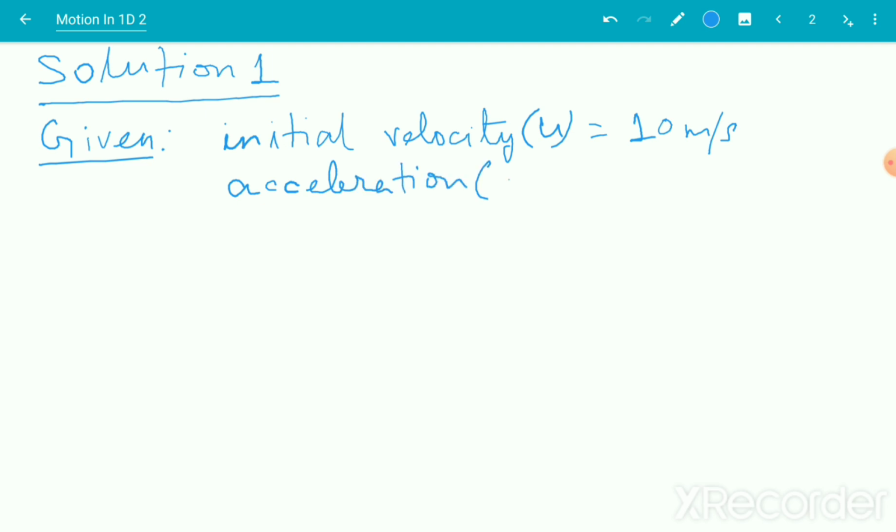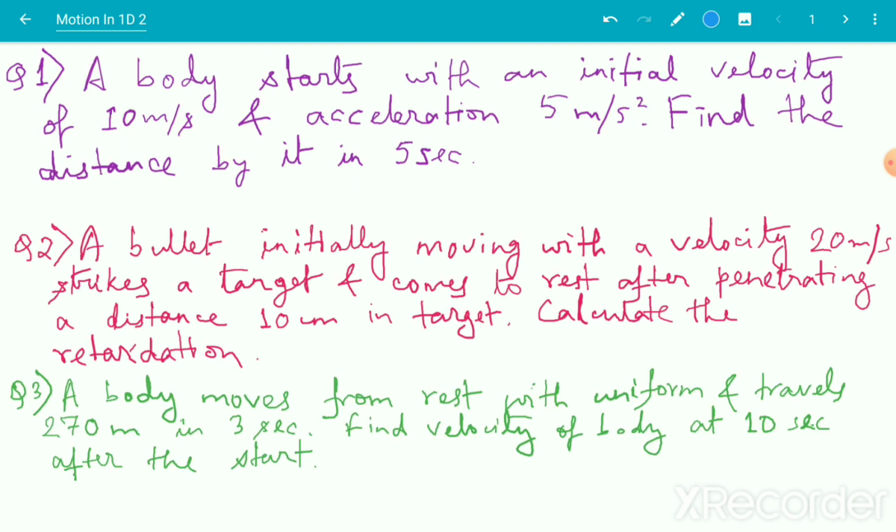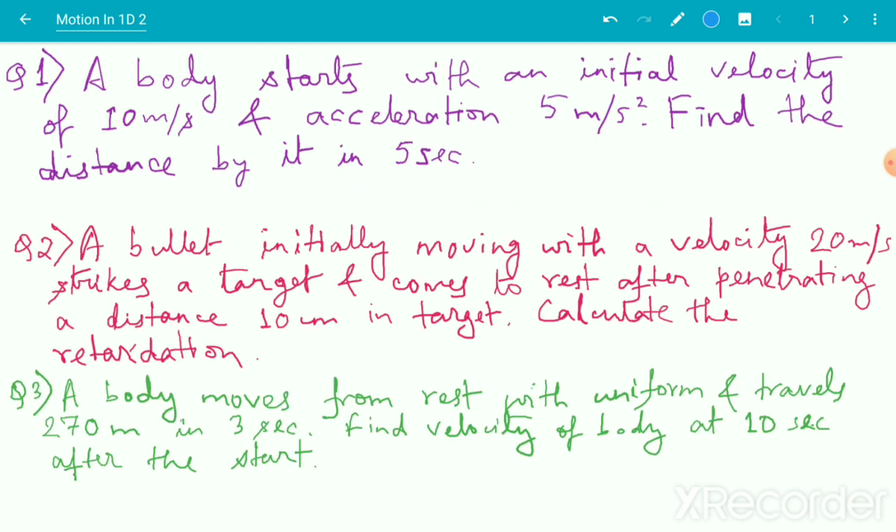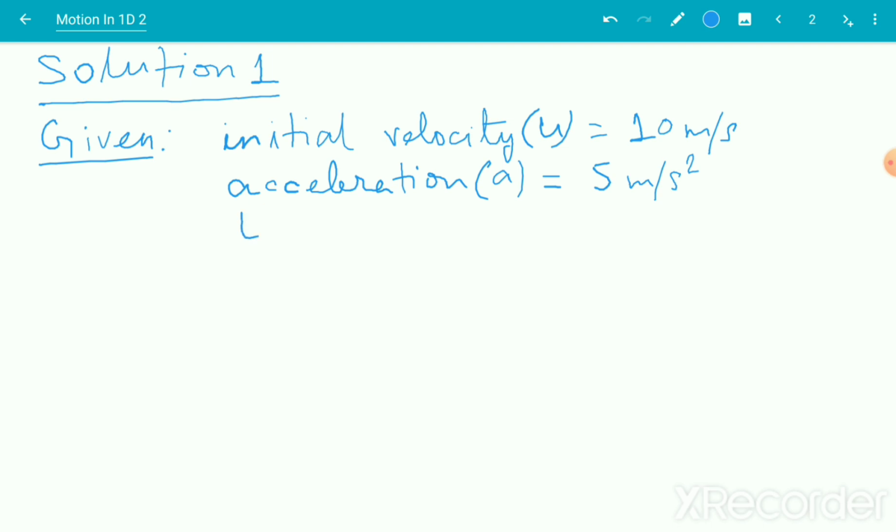You must solve the problems in this way so that a clear visualization of the problem is available to the teacher who is checking. So acceleration a is 5 meter per second square. We will find out the distance in 5 seconds. So time t is given, 5 seconds.